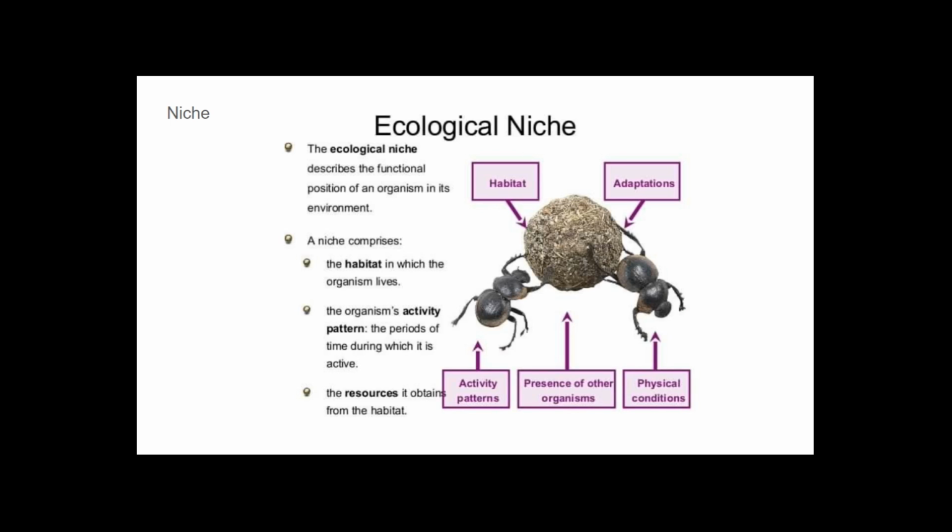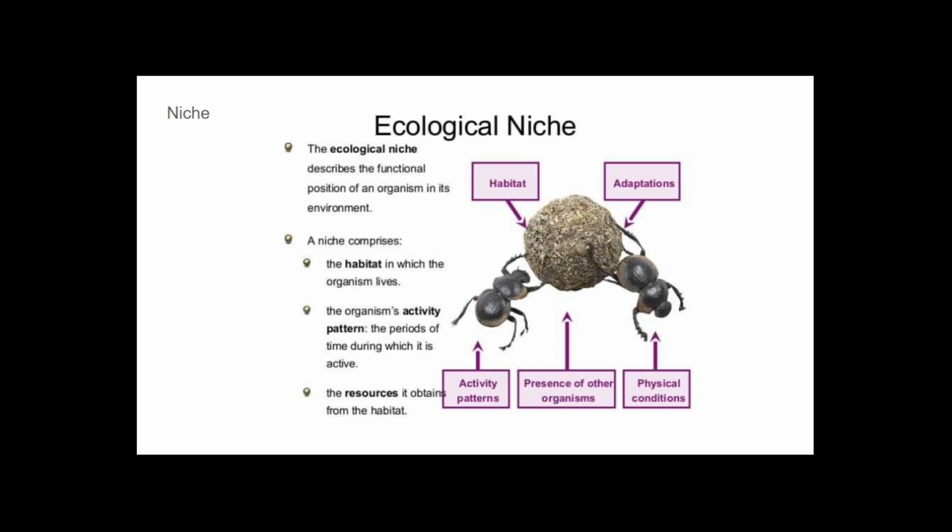After that, we have an ecological niche, which is a role that an organism has in an ecosystem. It describes the functional position of an organism in its environment. So it can include its habitat, its adaptations, activity patterns, presence of other organisms, physical conditions.